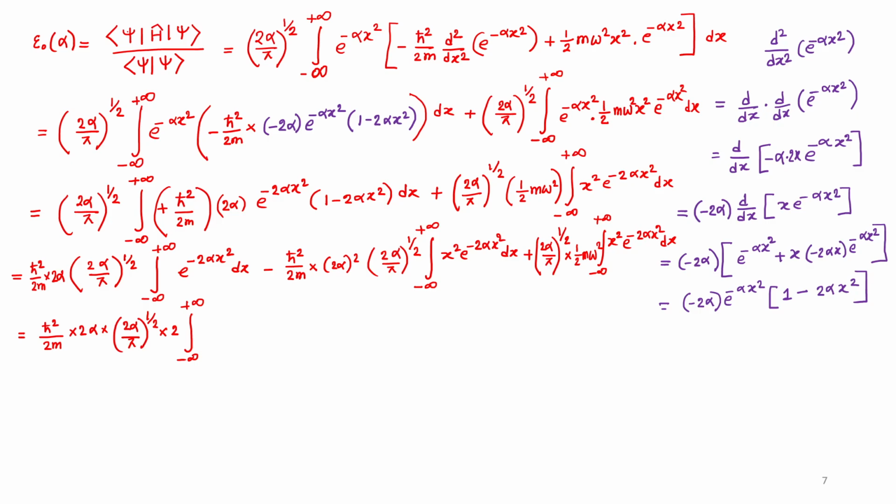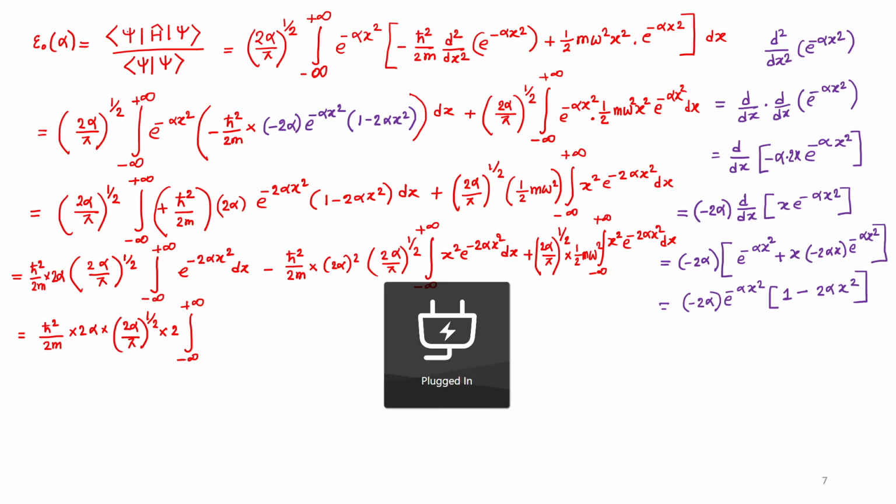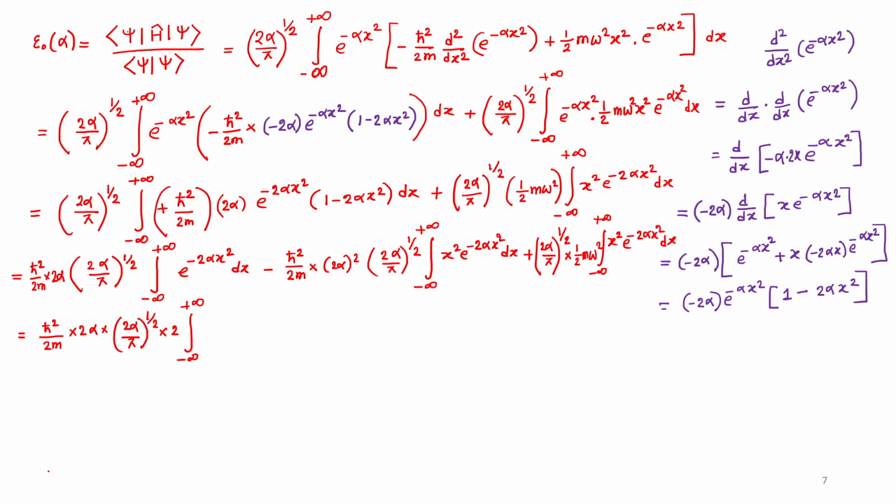Oh, sorry, I have made a mistake. I am trying to change the limits, so I have multiplied by 2. So I can now write it as 0 to infinity e to the power minus 2 alpha x squared dx. So this is one of the standard integrals we have.